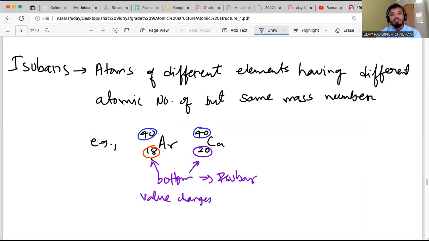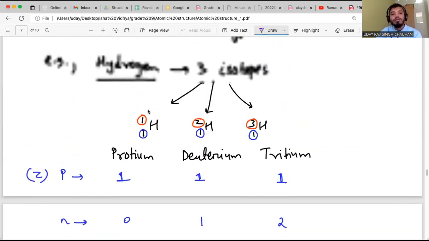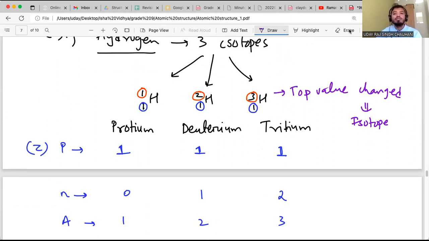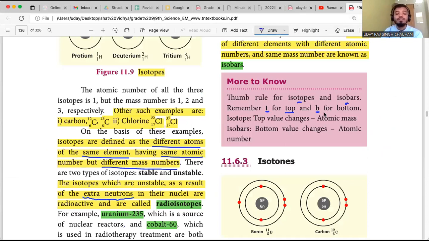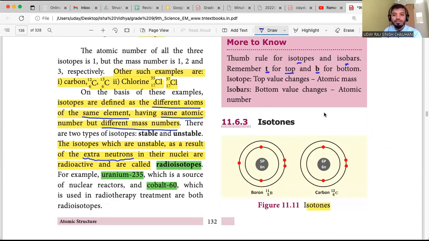It's a simple trick, but anyway, directly also you can remember. Isotopes have the same atomic number, different mass number. Isobars have the same mass number, different atomic number.